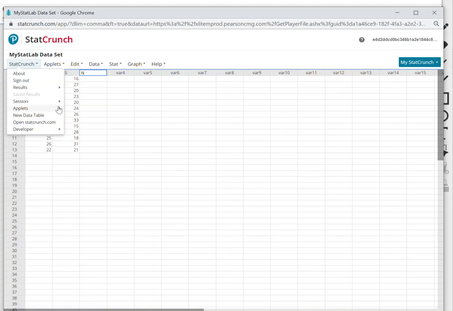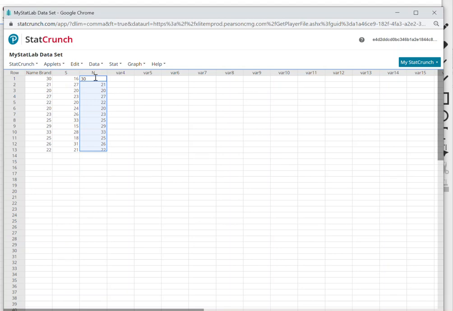and I copied this column. So you can do Control C, and then put it in this column and hit Control V, or just copy and paste. And so that way, I'm going to choose these 2 columns, and you'll find that it makes it look like the graph that you're going to see in MyStatLab.